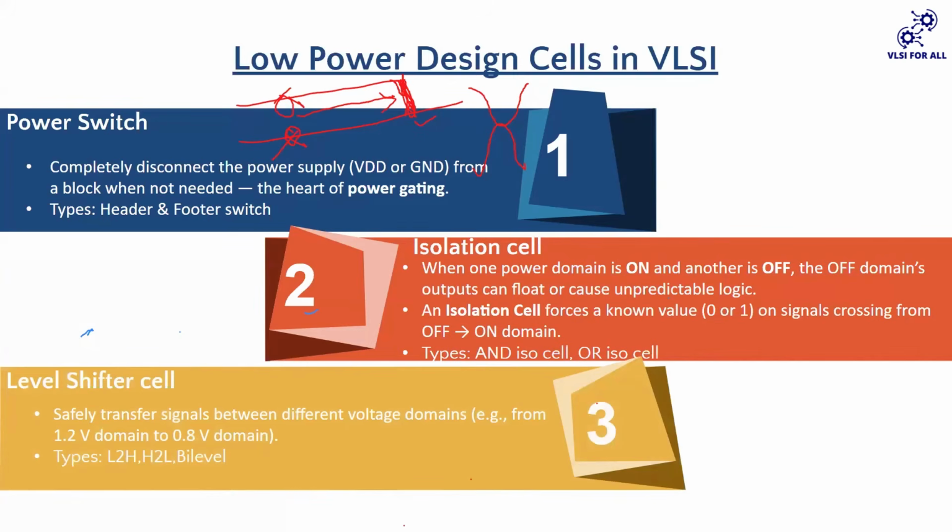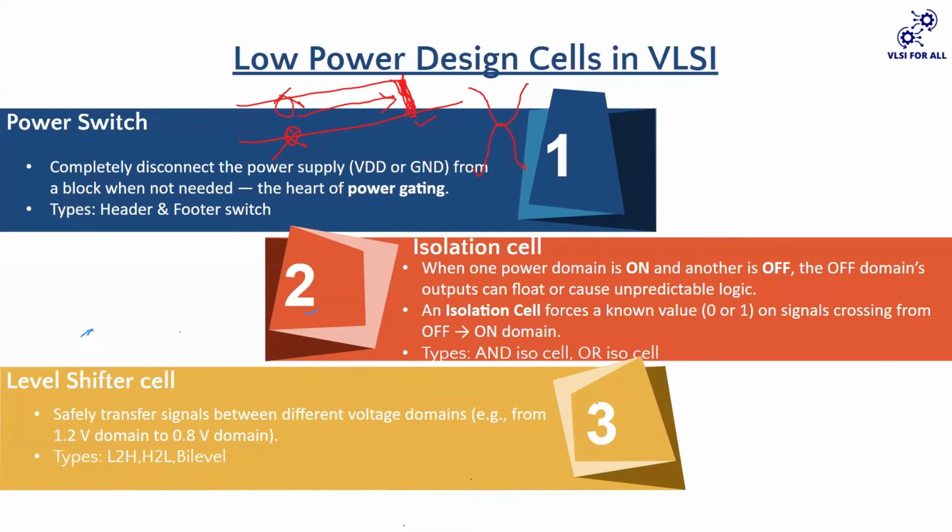One is operating on 0.8 volt, one on 1.2 volt. Whenever a signal goes between different voltage domains, it needs to be leveled up. L to H means going from low to high, you boost it up, and going from high to low, you lower it down.